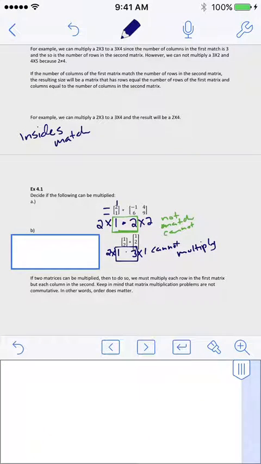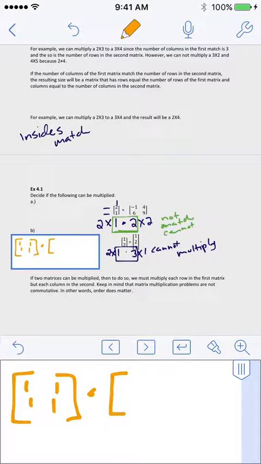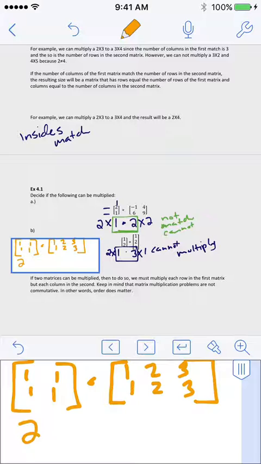So let's do a little problem over here. We'll do a 2 by 2 of 1, 1, 1, 1 times a 2 by 3: 1, 2, 3, 1, 2, 3. So I have a 2 by 2 times a 2 by 3, right? Do these insides match?